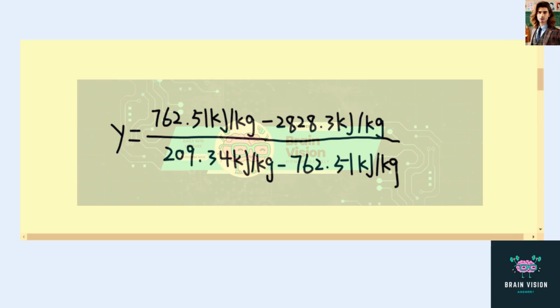And this will give us the ratio of the mass flow rate of the feed water over the mass flow rate of the superheated vapor is about 3.73.